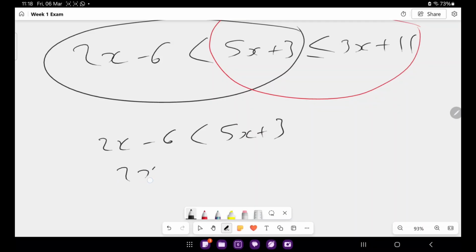So 2x minus 6 is less than 5x plus 3. So what we do, we group like terms. I'm going to decide to bring all the x's to my left hand side. So 2x minus 5x is less than, then I'm going to send minus 6 to the other side. So it's going to be 3 plus 6.